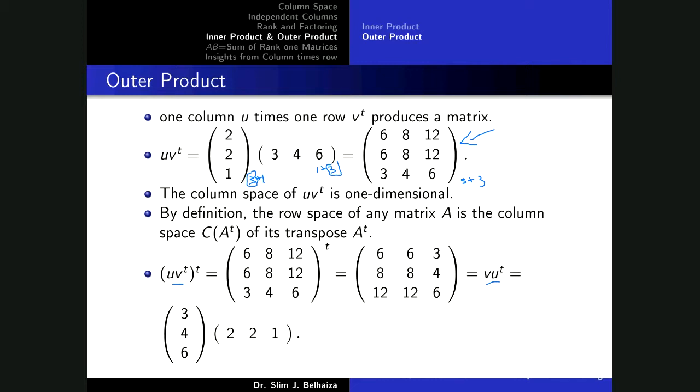So (UV^T) all transposed gives you V U^T, which could also be obtained by 3, 4, 6, I mean 3 by 1 multiplied by 1 by 3. Okay. So basically, if you are able to store this matrix using two simple vectors, you can store its transpose the same way. Okay?